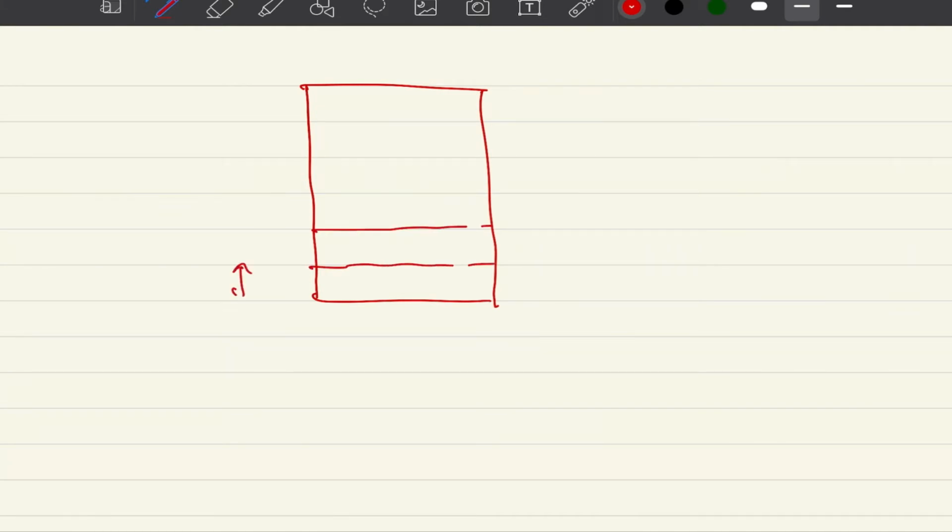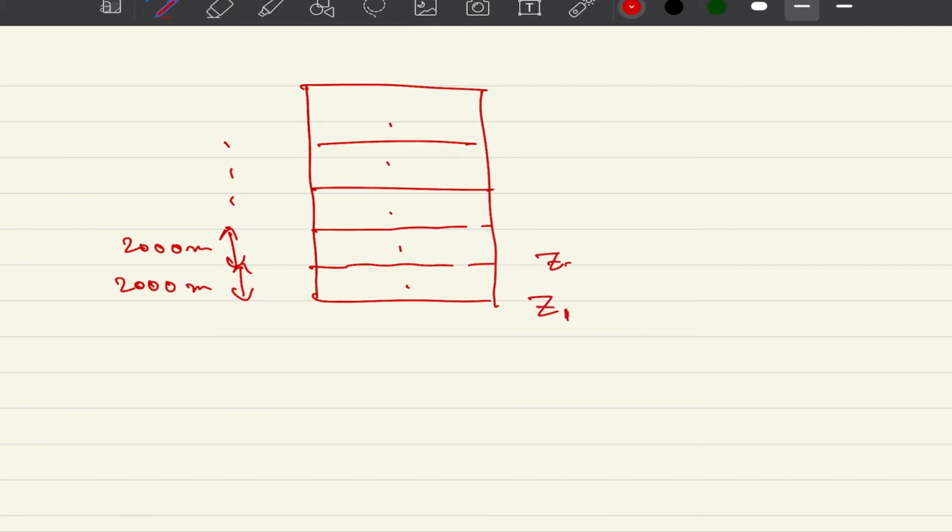We will divide this atmospheric column, which extends up to a height of 10 kilometers, into smaller units. Let us say that we go by a height of 2000 meter and so on. So we will divide this entire atmosphere into 5 chunks, each chunk of 2000 meter. We will call this level Z1 and this level Z2, and we will measure all the properties, that is pressure, temperature.